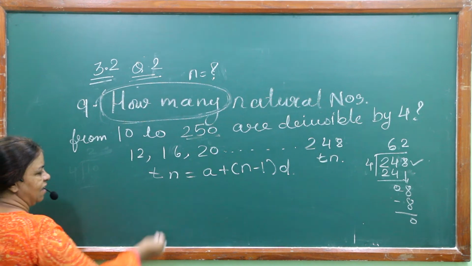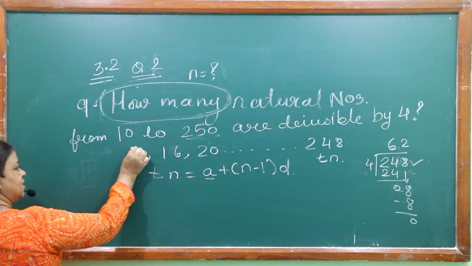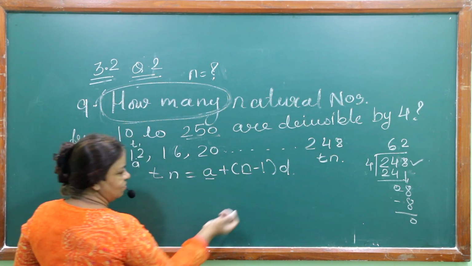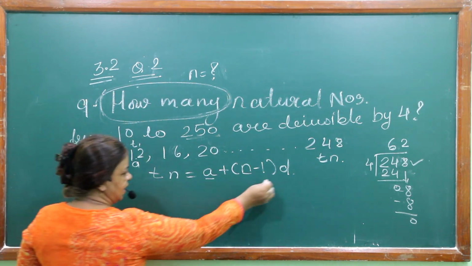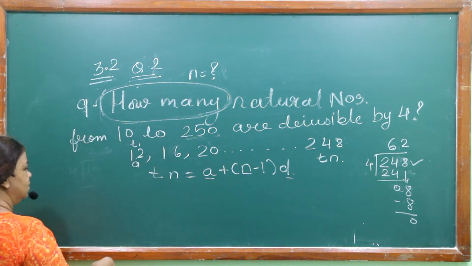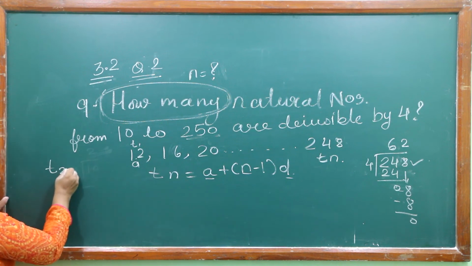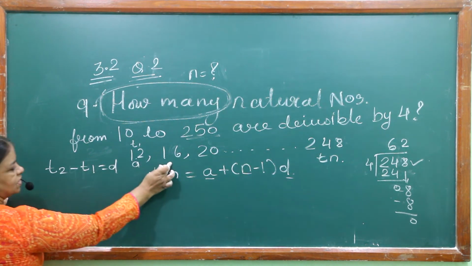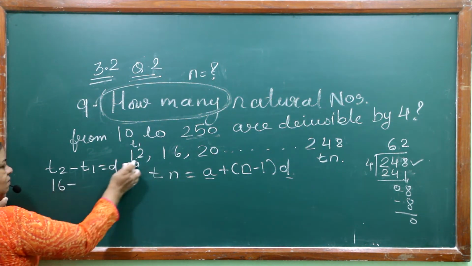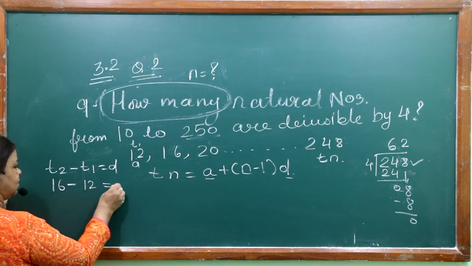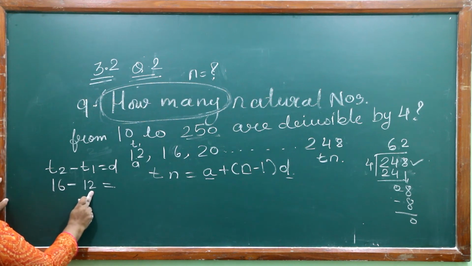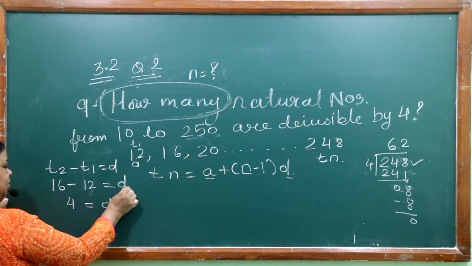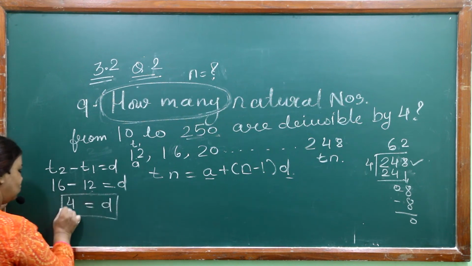Now here this is the first term, which is a, and n we don't know, we want to find out. D we can find from here. T2 minus T1, which is equal to D. T2 is 16 minus 12. 16 minus 12 is 4, which is equal to D. So we got the D value as 4.